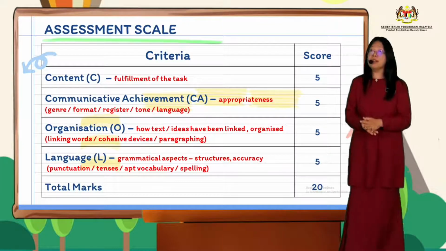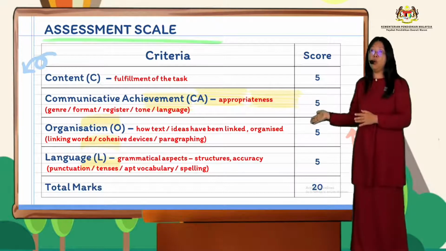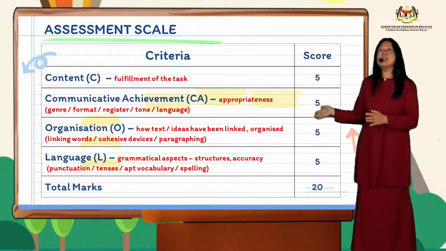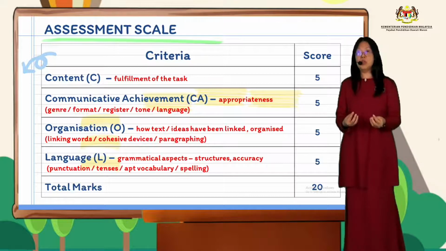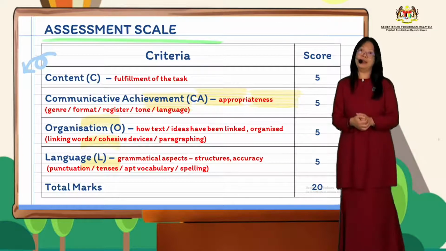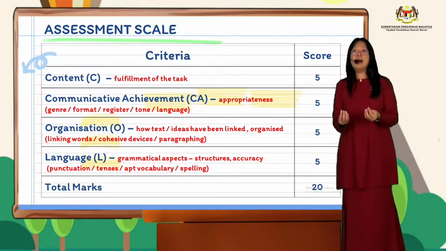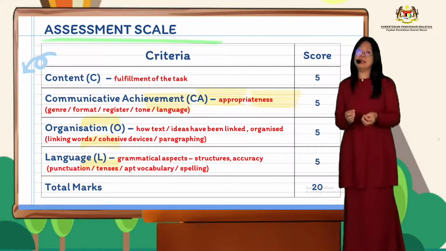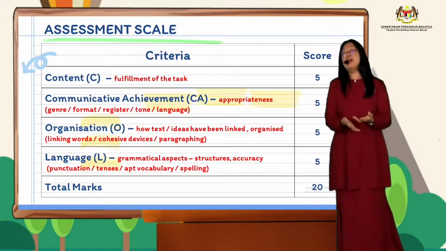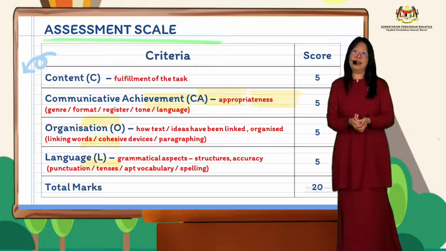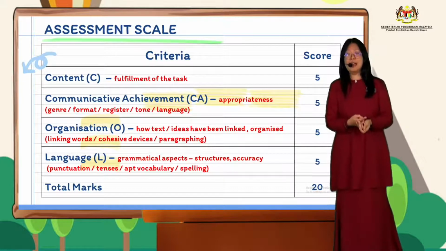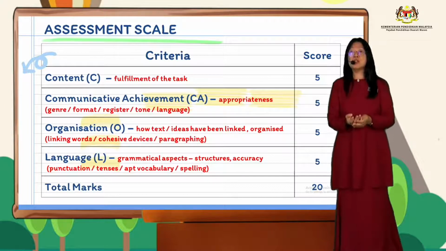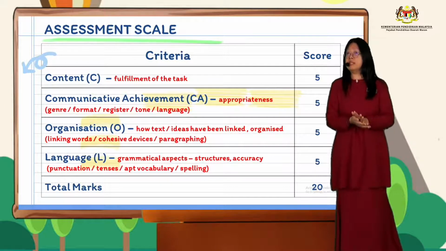The third one is organization, O. This is about how well you put your ideas together, how the ideas have been linked. So here you need to know how to use linking words, like and, but, because, so, and also the cohesive devices.